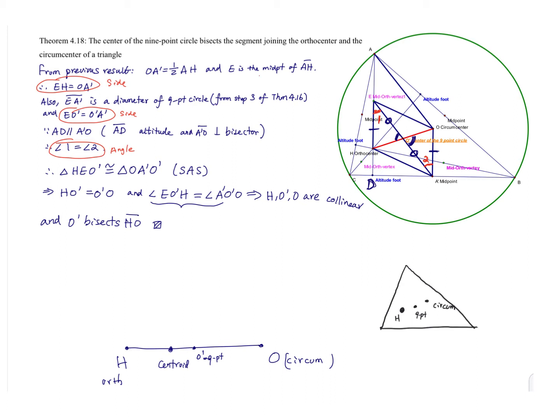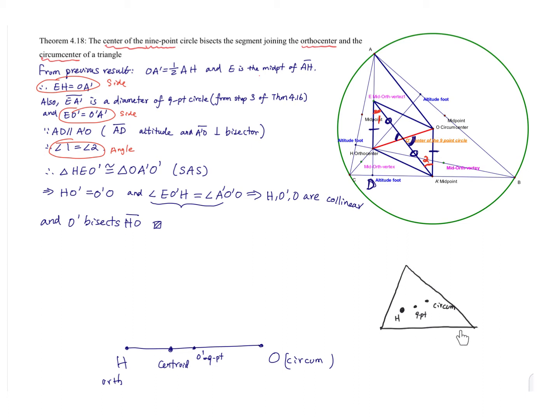One is that these 3 points, the center of the 9-point circle, the orthocenter, and the circumcenter, are actually collinear, so that this center lies in between the orthocenter and circumcenter. Second, we want to show that this center bisects the segment connecting these two centers, the orthocenter and circumcenter.